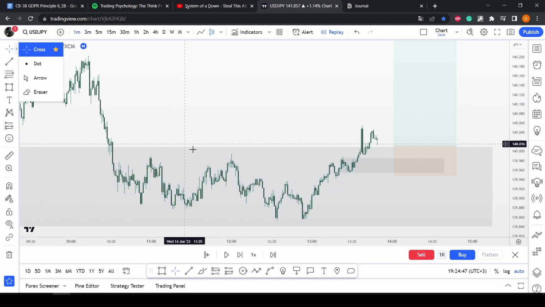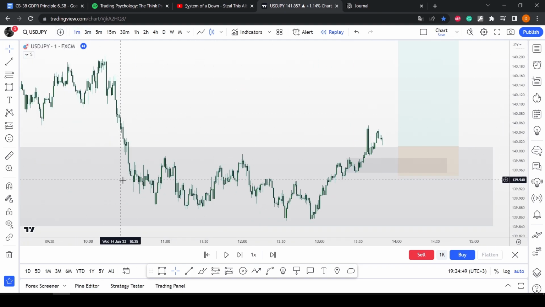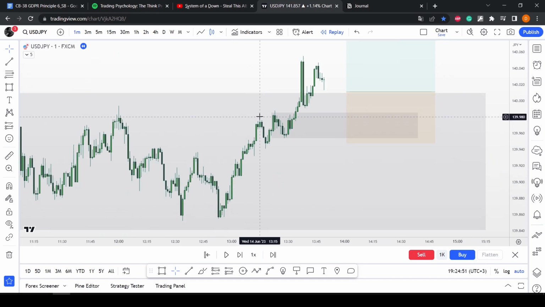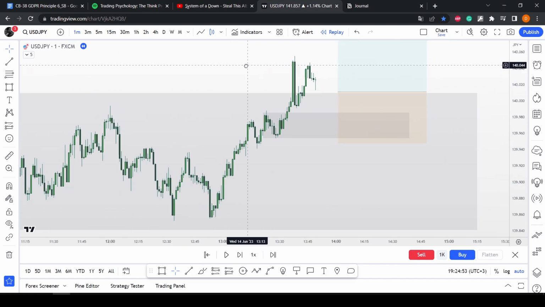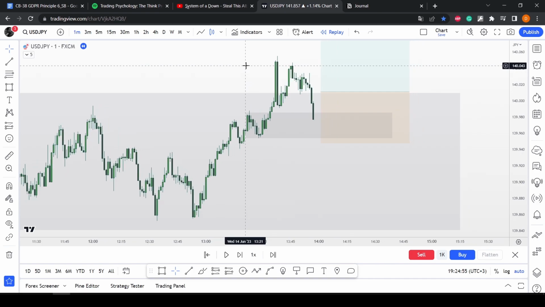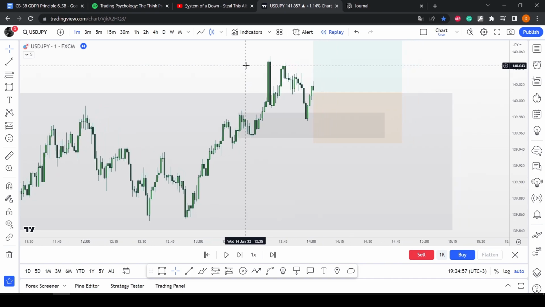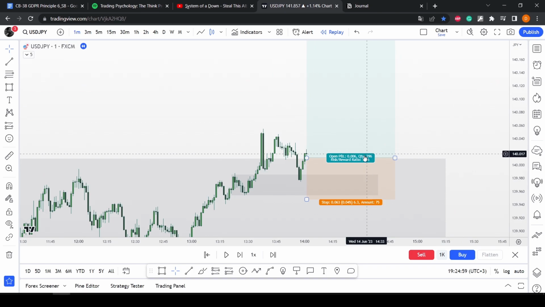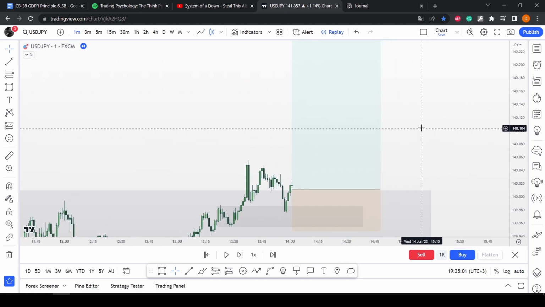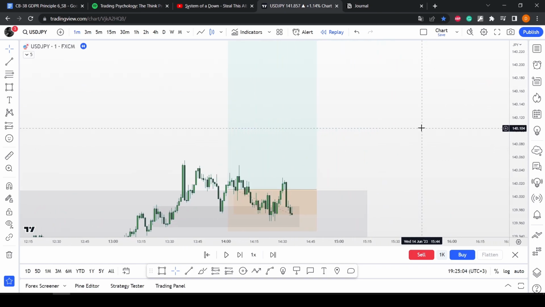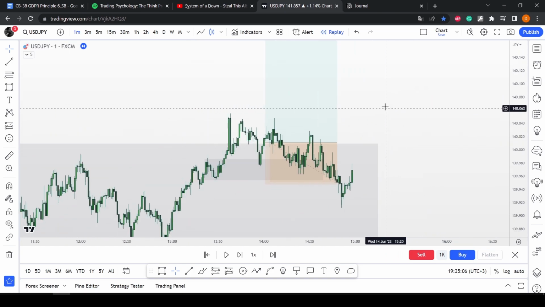And then on 1 minute, as you can see, we were creating some accumulation, and then broke to the upside. When the market mitigated the zone and started to move up, I entered on a usual confirmation, and basically that was a loser. Straight loser.